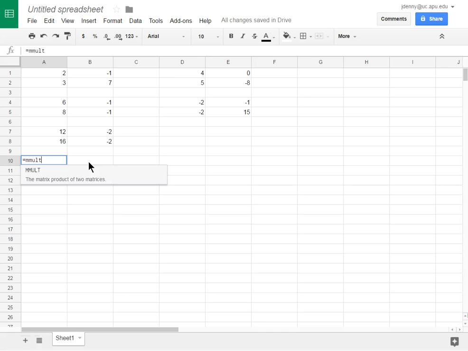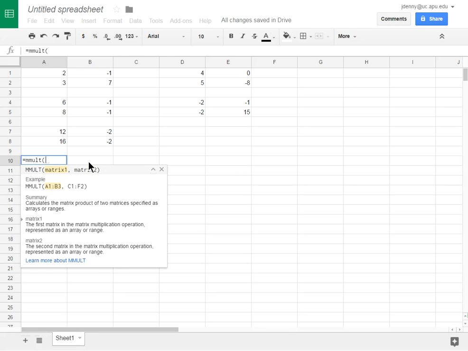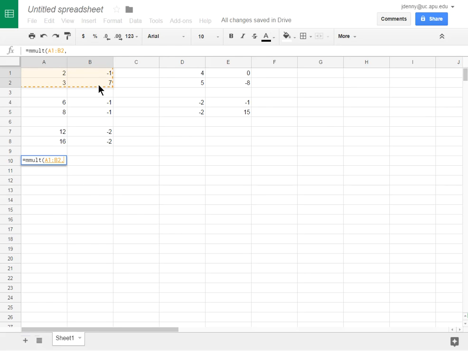So again, you always start with an equal sign, and then you have to enter the arguments, which are what matrices do you want to multiply. So I'm going to highlight the first one, put a comma, highlight the second one, and then close parenthesis. And so there you go. This is the multiplication of these 2 matrices.